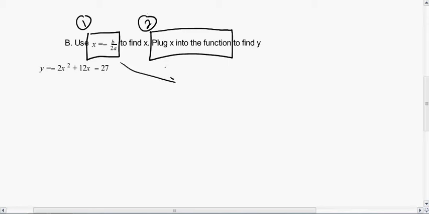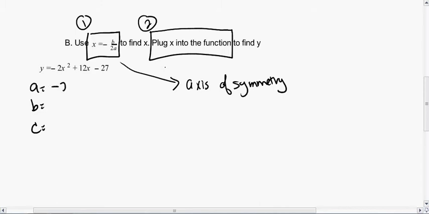So this first thing here is going to give us the axis of symmetry. So let's go ahead and find the axis of symmetry, and to do that I have to find my A, my B, and my C from my general form equation. A in this case is -2, B is 12, and C is -27.